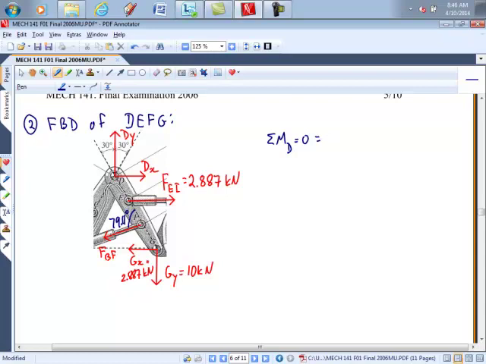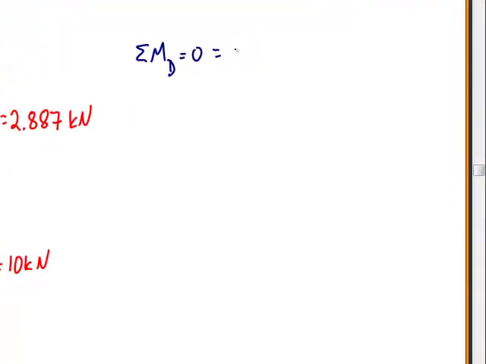I have FEI, so that can be a positive or negative moment about D. That would be positive the way it's shown, so it's going to be a counterclockwise torque or moment. So the distance is 0.6. The force is 2.887.